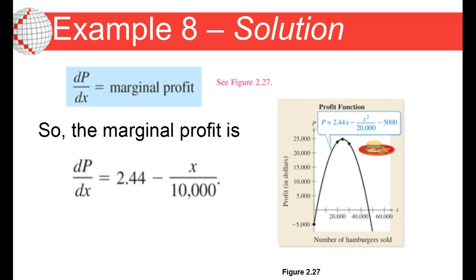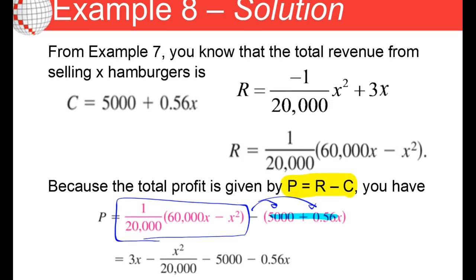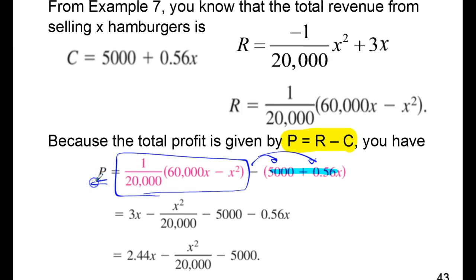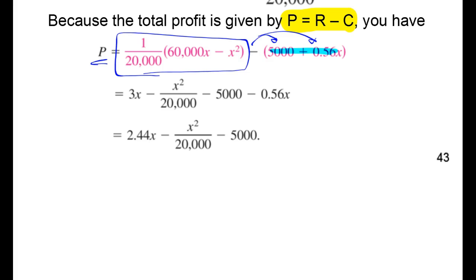But before we evaluate it, we need to find the derivative of P. So I'll go back. Here's my profit function. So this is where we had left you off. So let's go find the derivative of the profit. And again, this is a capital P, not the price. So the derivative of this thing is 2.44. The x wipes out.